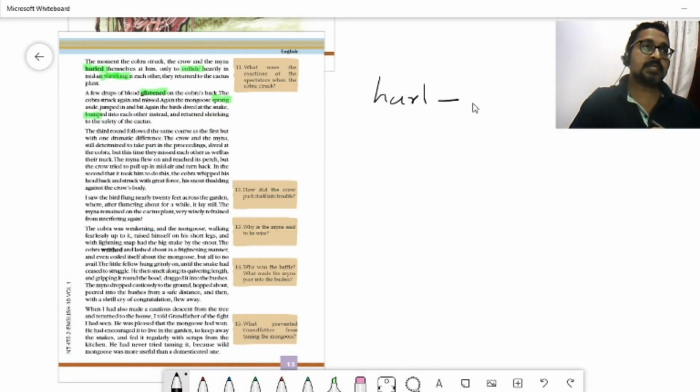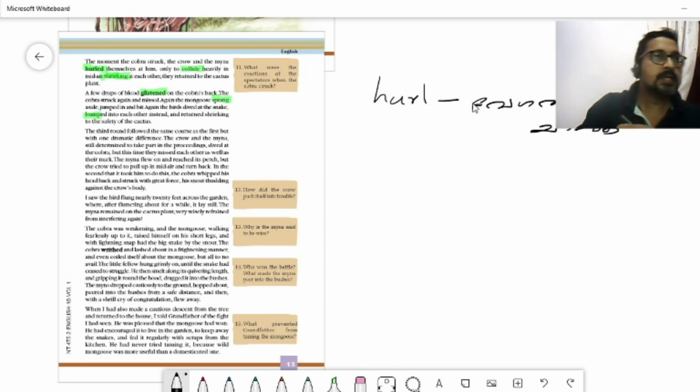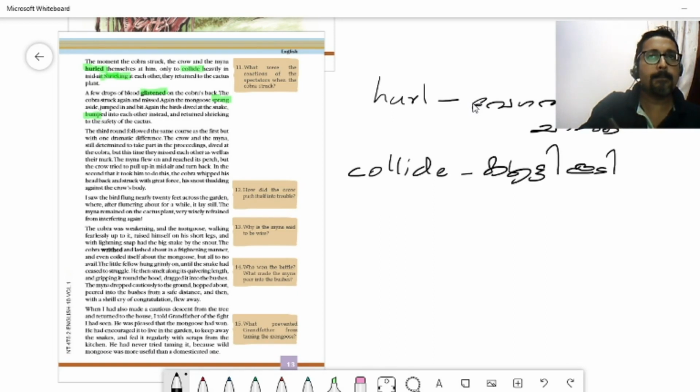Here it means, it is a contextual meaning. Here it means വേഗത്തിൽ ചാടുക. Again, look at the collide. കൂട്ടിയിടിക്കുക. Again, glisten. Shrieking.